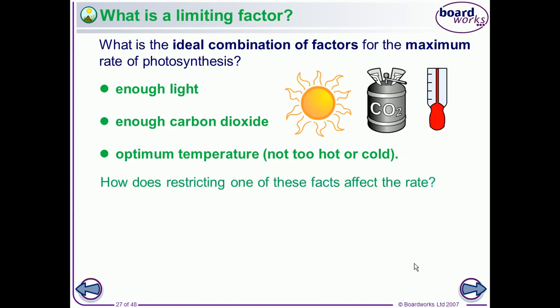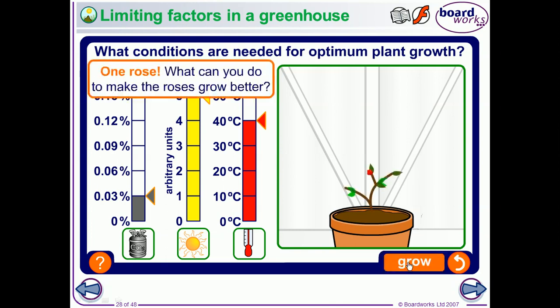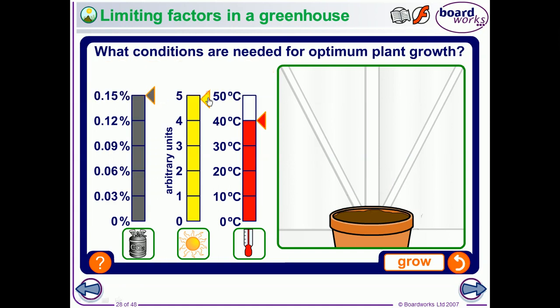But what happens if we restrict one of these factors that affect the rate? So if we decrease the carbon dioxide concentration, you notice that the growth is not optimal. And it's the same thing if we decrease one of the other factors.